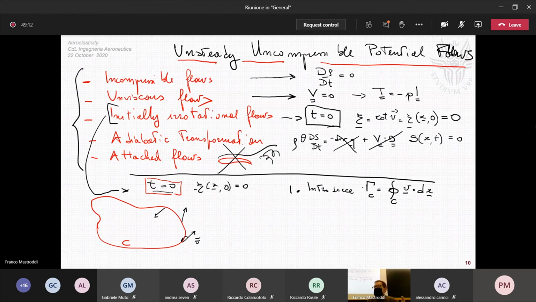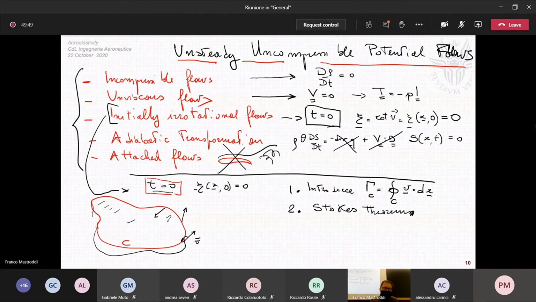This is a scalar, because it's a sum of dot products. Second concept is the Stokes theorem. Stokes theorem states that if you have a contour like this, for example, and if you consider a surface having this contour... I am not able to make a nice drawing.